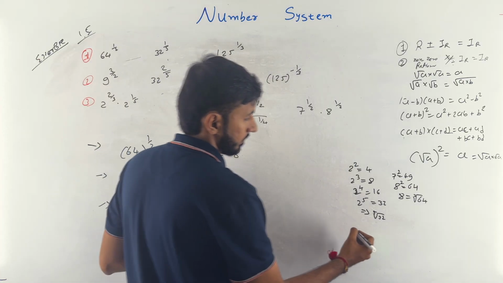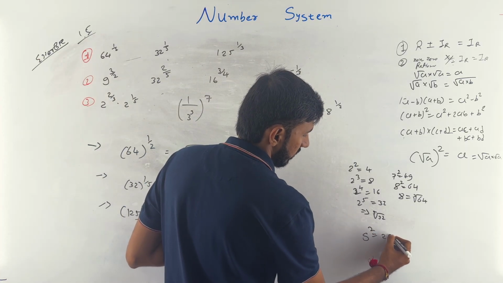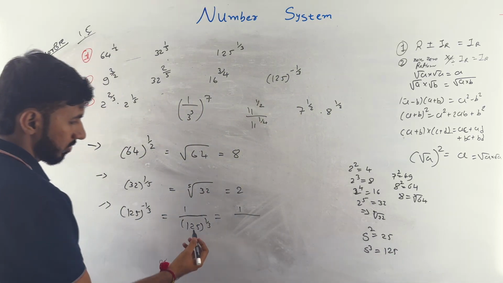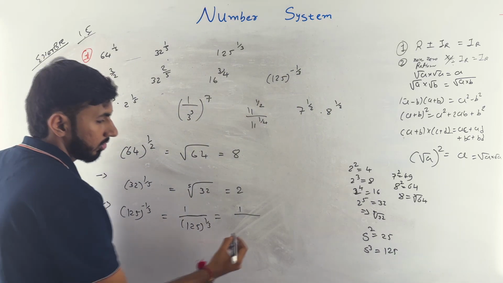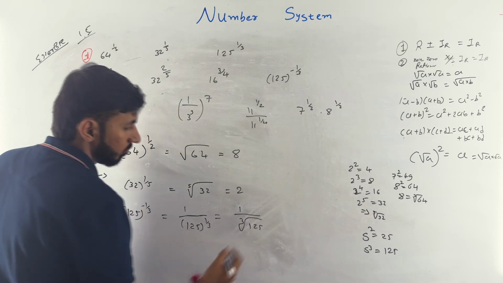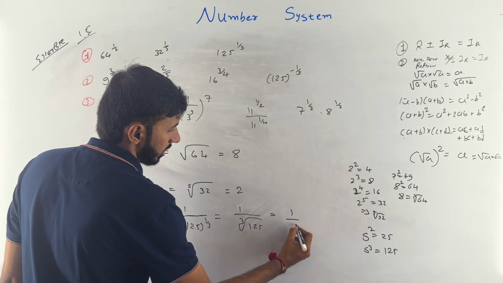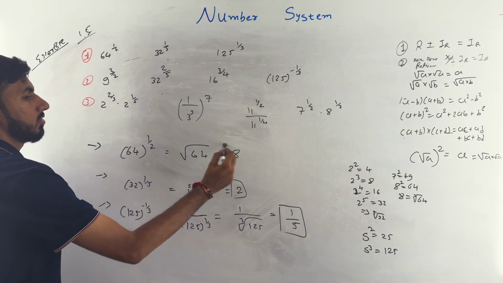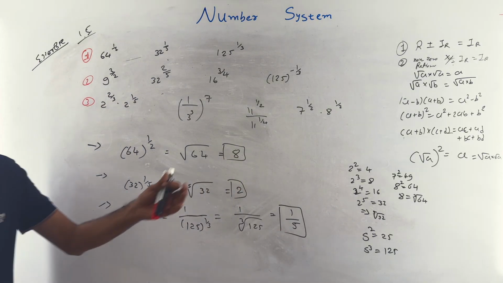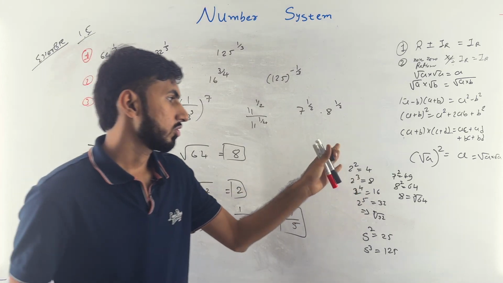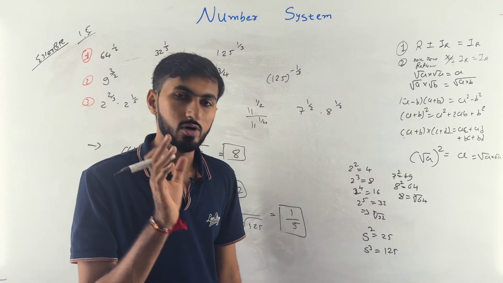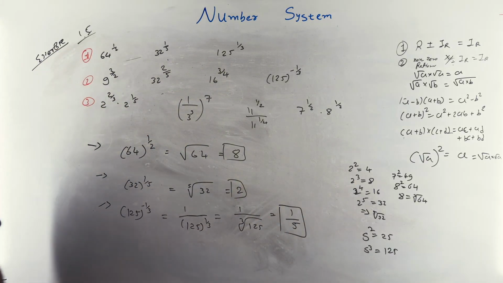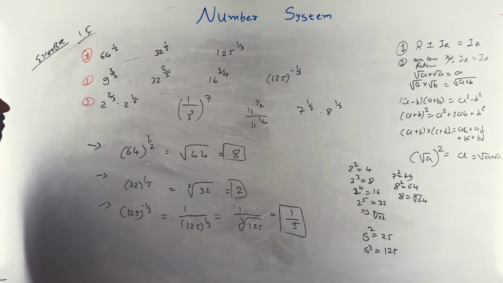We all know that the square root of 25 is 5. Now the cube root of 125 is 5. So the cube root of 125 is 5, and my answer is 1 by 5, right? If you know the squares and cubes, or square roots and cube roots, of numbers from 1 to 20, you can get these answers easily, right? Now we will move on to the second question.